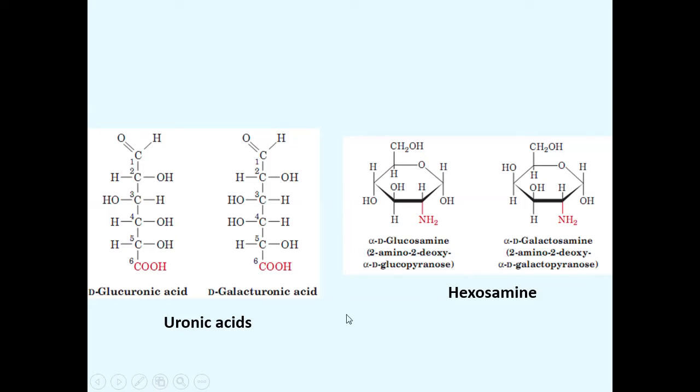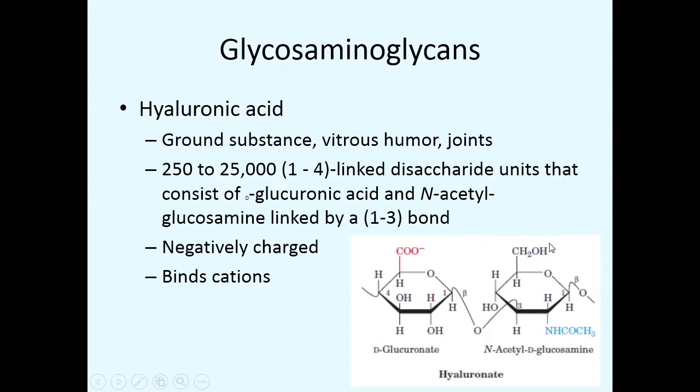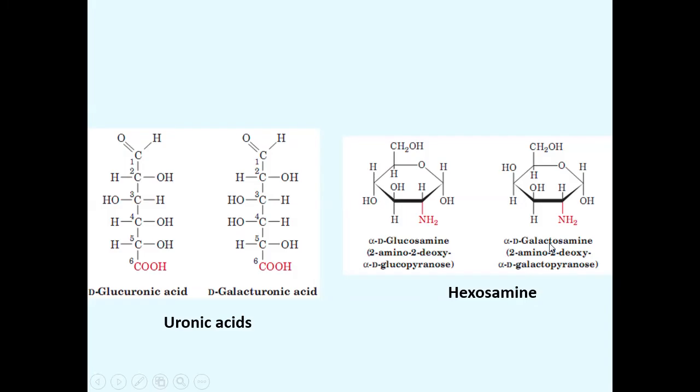The other type of monomer present is a hexosamine. These are derivatives which contain an amino group on their carbon number 2. Here you can see two common hexosamines, namely glucosamine and galactosamine. In glycosaminoglycans, the uronic acid is linked to the hexosamine through a beta-glycosidic bond.